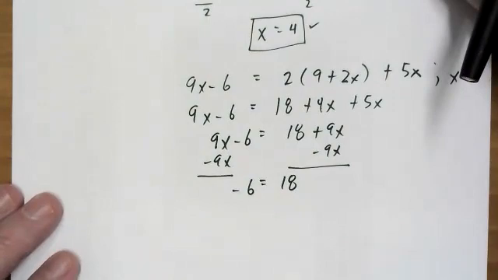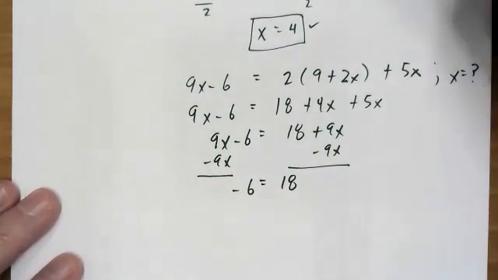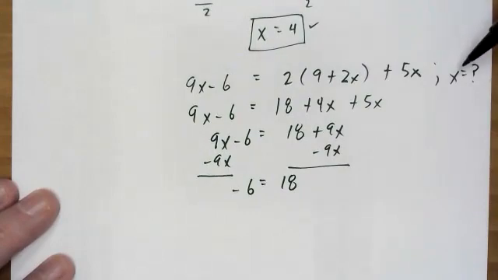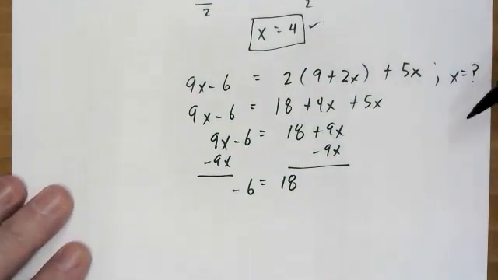Okay, so here's what's happening. You're given this equation. Your ultimate goal is to solve for x, which means to get x by itself. Normally you have x equals a number like we had up here.